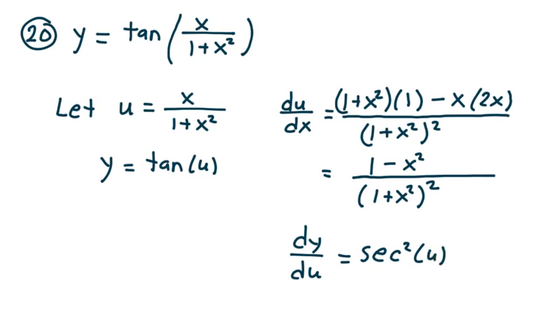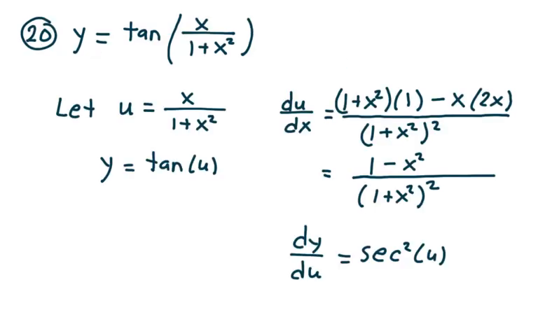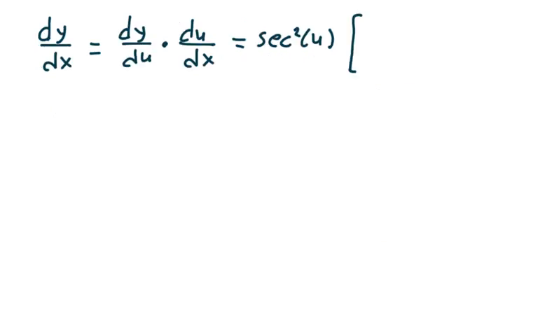Now we get to put it together. dy/dx is dy/du times du/dx. But dy/du is secant squared of u. du/dx is 1 minus x squared, that's the numerator, divided by 1 plus x squared squared.